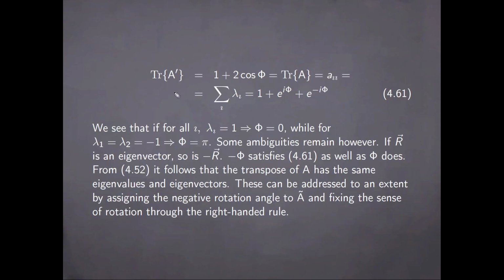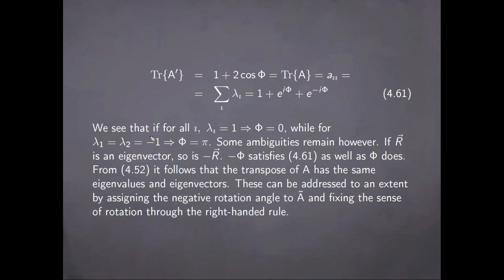Furthermore, as the trace of a matrix is invariant to a similarity transformation, the result here has to be equal to the trace of the initial matrix, which is just the sum of the diagonal elements, or the sum of the three eigenvalues. And in the general case, it is equal to the sum here, which is equivalent to this result.